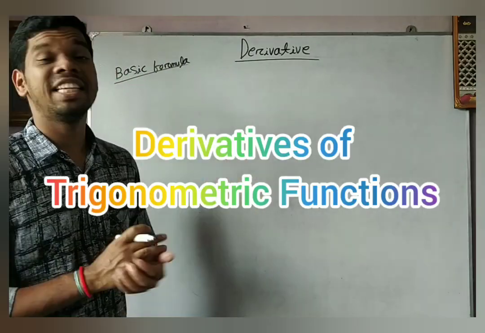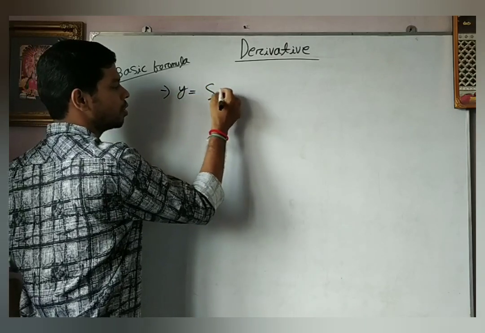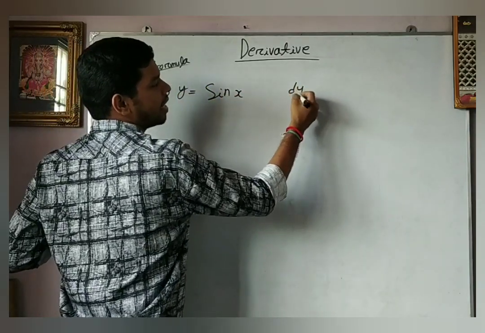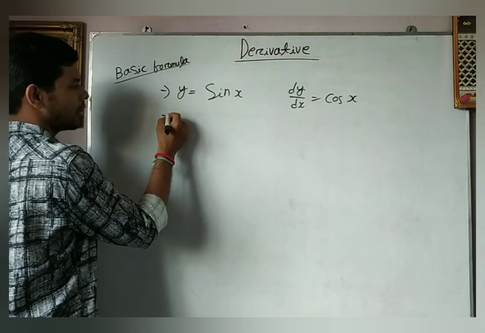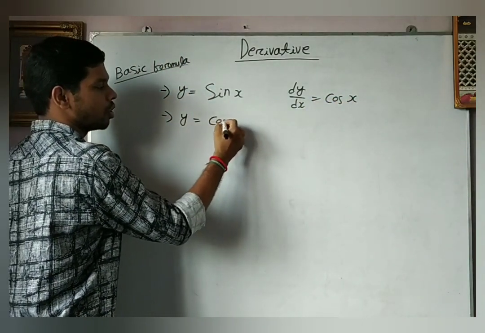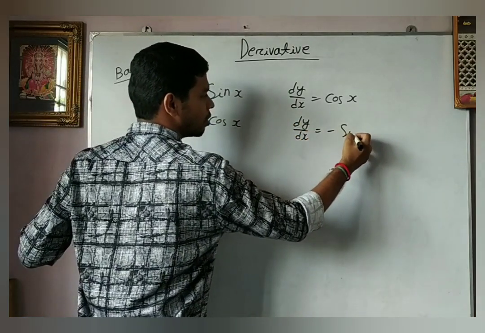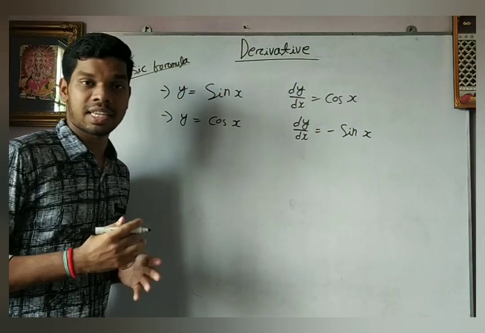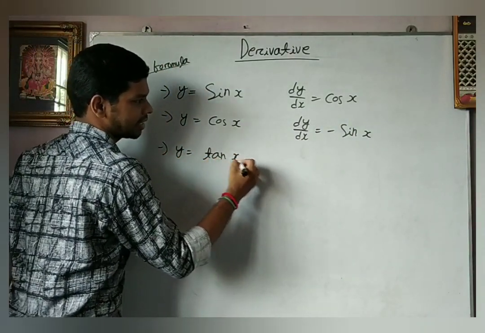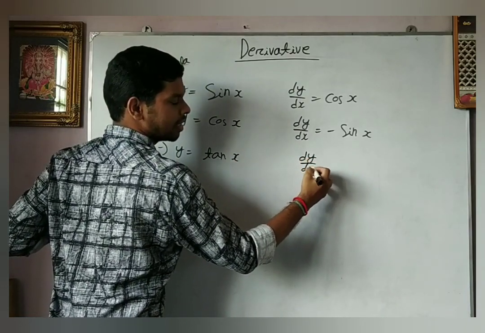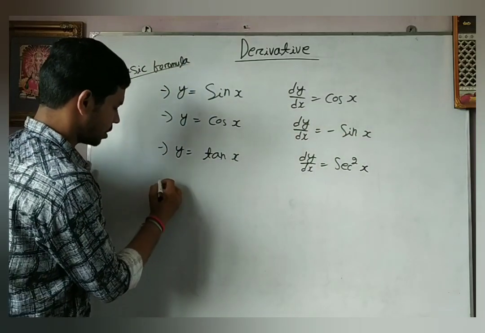Derivative of trigonometry type functions. Y equal to sin x and derivative of sin x is cos x. Y equal to cos x and derivative of cos x equal to minus sin x. Y equal to tan x, and derivative of tan x is sec square x.